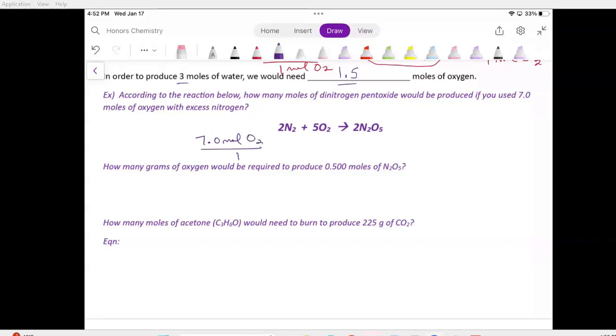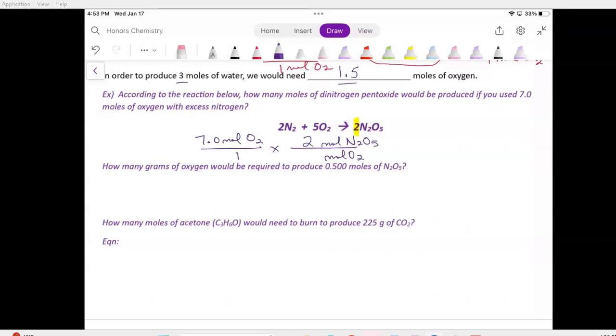And we are simply going to convert this using just a little conversion factor from moles of oxygen to moles of N2O5. And hopefully you can guess what that ratio would be. We just look at the balanced equation, right? So next to moles of N2O5, we've got that 2. And so that's going to be our number of moles of N2O5.